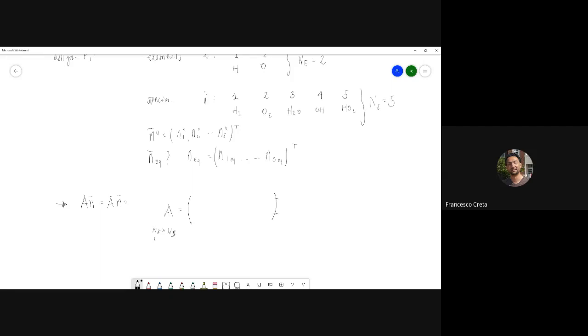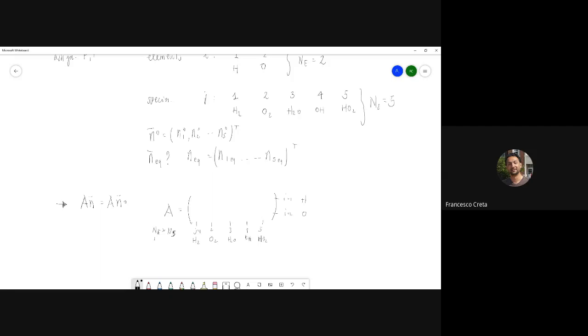Why 2? Because clearly I equals 1 represents hydrogen and I equals 2 represents the oxygen atom. On the other hand, J equals 1, 2, 3, 4, 5, these represent the molecules, so the species, H2, O2, H2O, what was it, OH, and HO2.